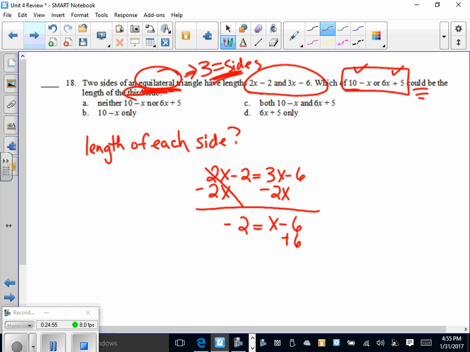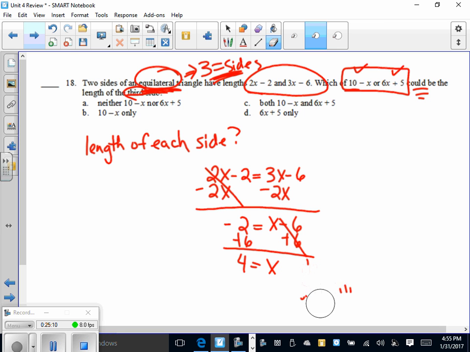Then I add 6 to both sides, so I get x equals 4. So that means I now can plug it in and find the side.